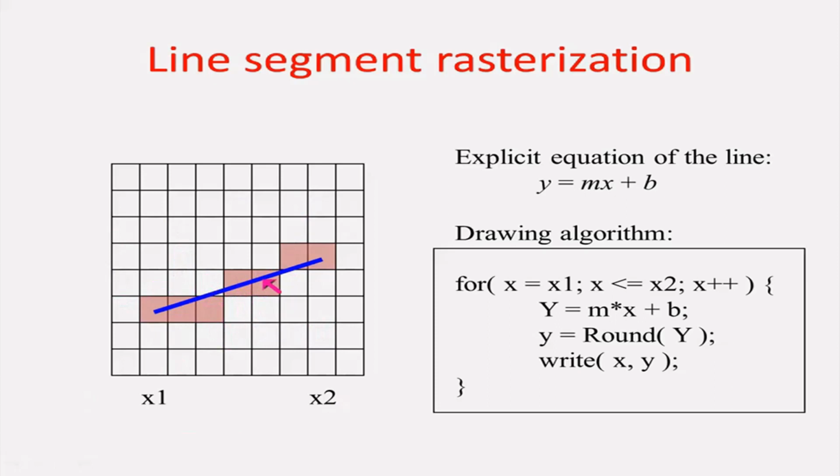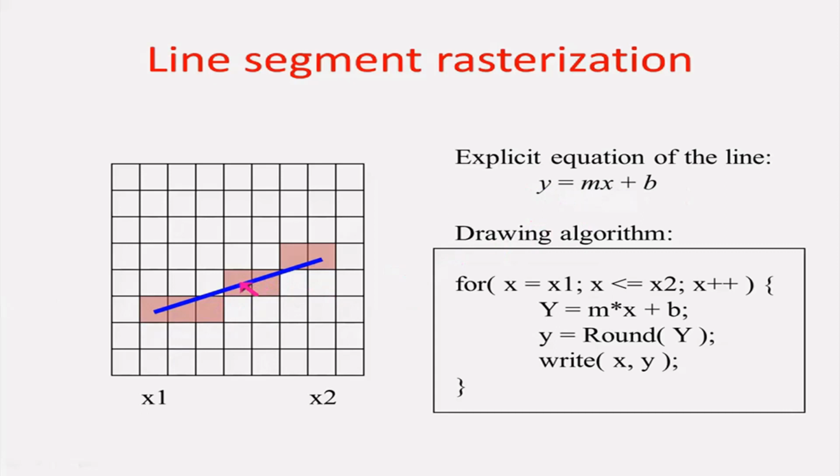The line drawing algorithm in this special case iterates on columns and finds the coordinate of the geometric line using the explicit equation of the line, and finally finds that integer which is closest to the geometric line.